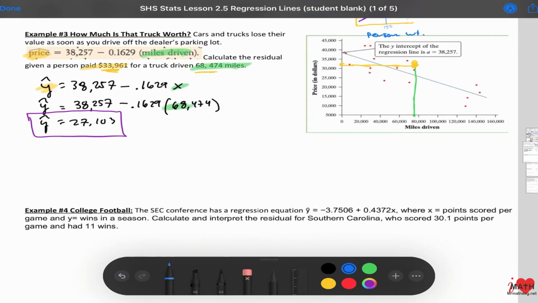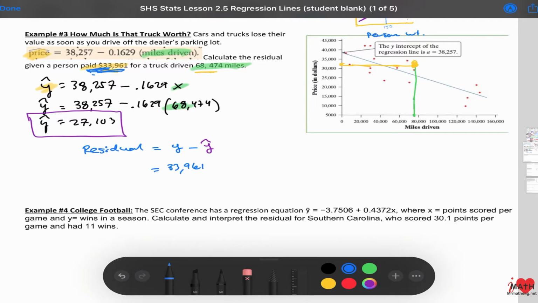Okay. Let's do our residual formula. Residual is equal to our actual minus our predicted. What did the person actually pay for the car? 33,961. They actually paid that there, right?